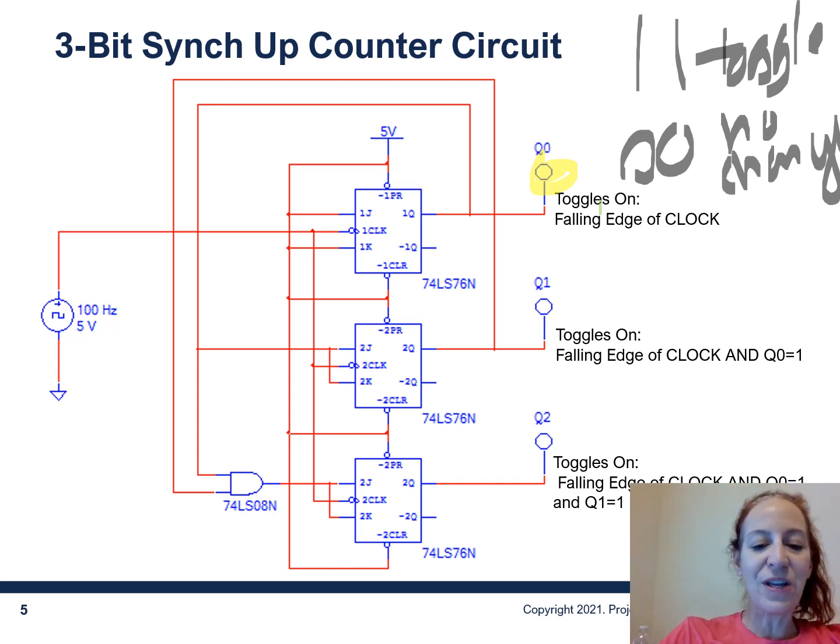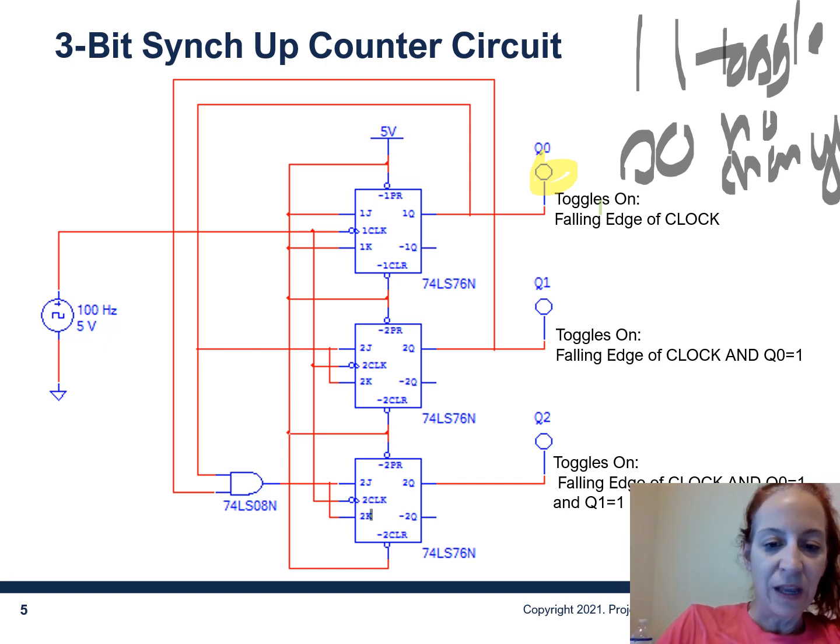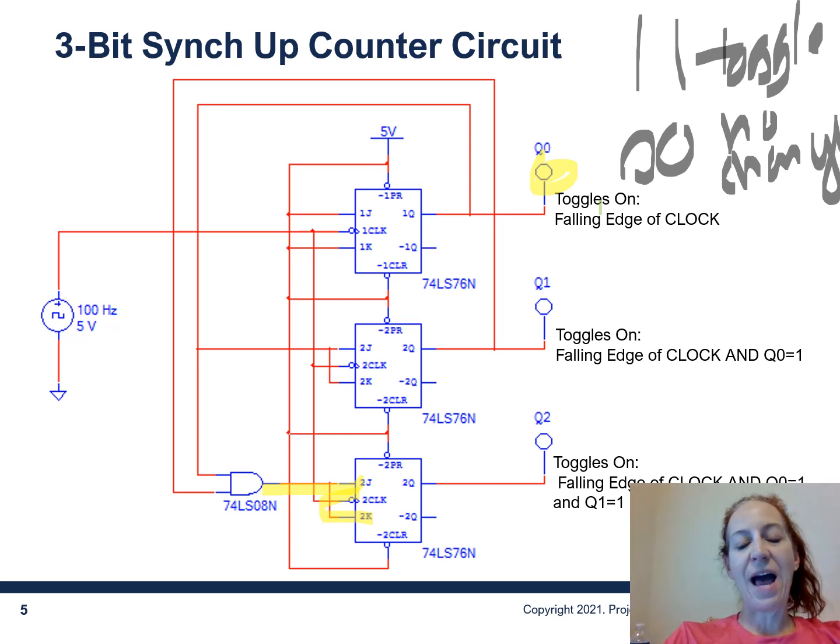Okay. So the next one, we need to look and see where these inputs are coming from. Both of those are coming from this AND gate. Remember, it needs to be 1-1 to toggle.